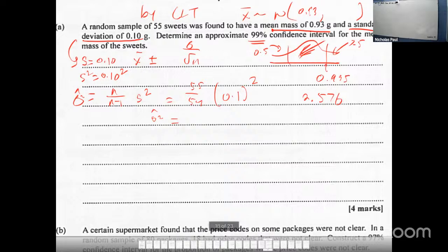How much did you all get for sigma hat squared then? Anybody? 0.01, the whole thing, when you multiply it out.